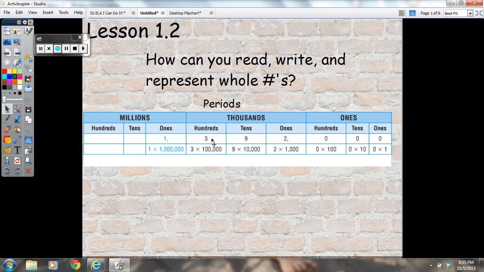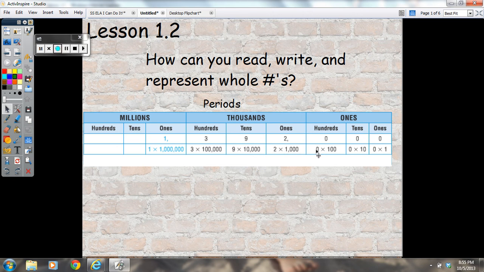Here we have the 3, and it's in the 100,000s position, so we multiply the 3 times the 100,000. And we have the 9 in the 10,000s place, so we take our 9, multiply it by 10,000. Our 2 is in the 1,000s place, so we take our 2, multiply it by 1,000.